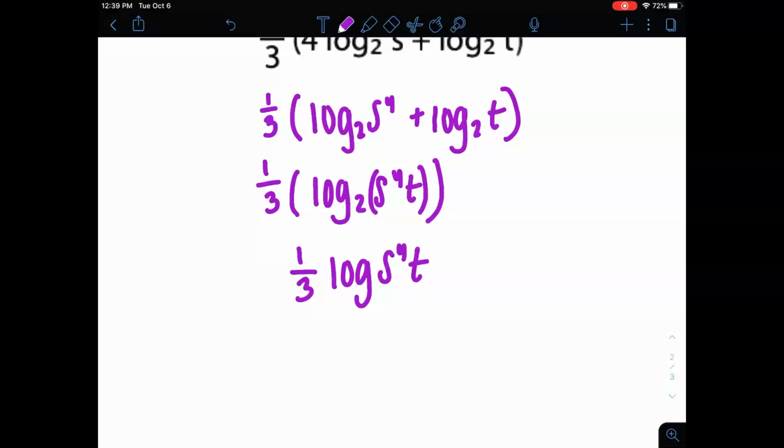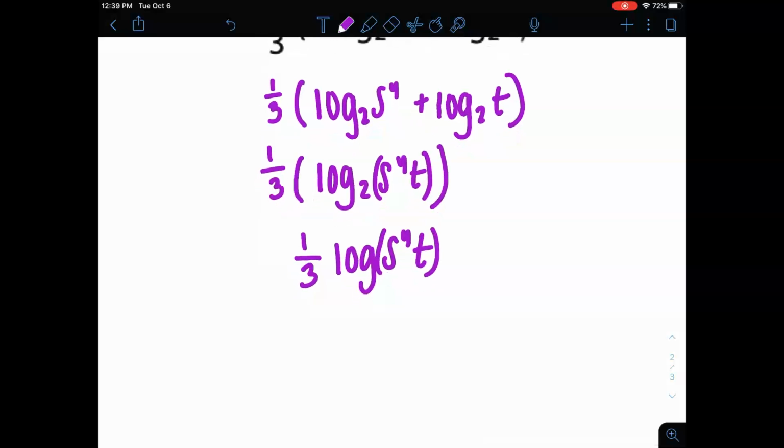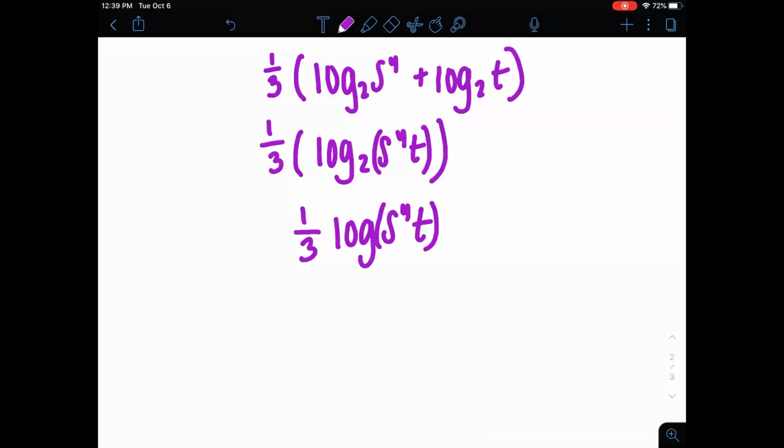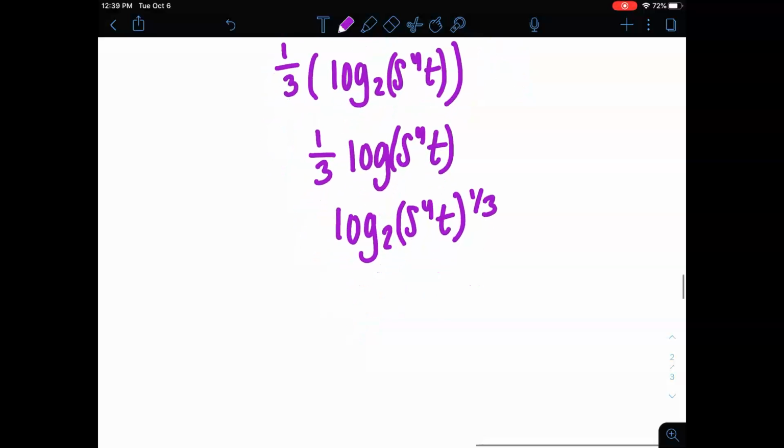Now I can simplify this one more step. Notice I have a coefficient which I can turn into an exponent. So if we do one final step here, log base 2 of (s⁴t) to the 1/3.